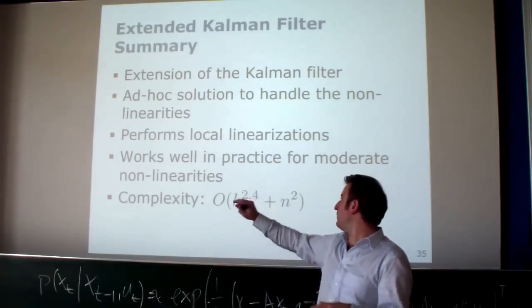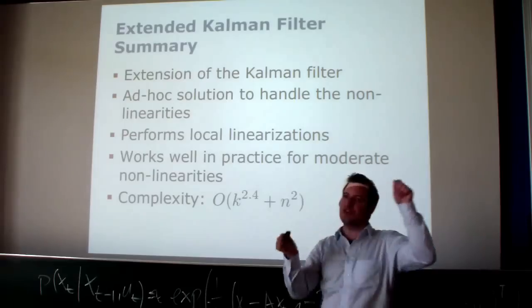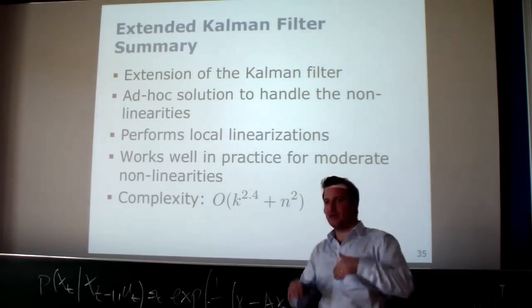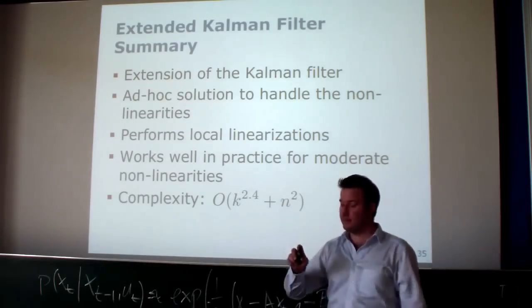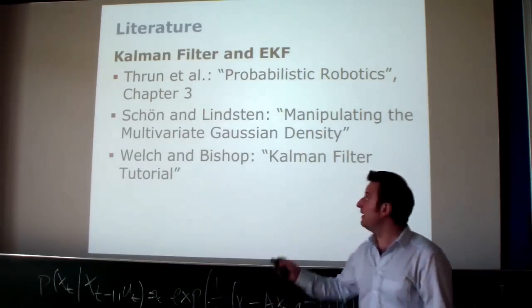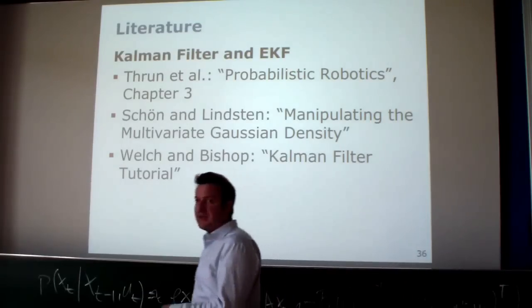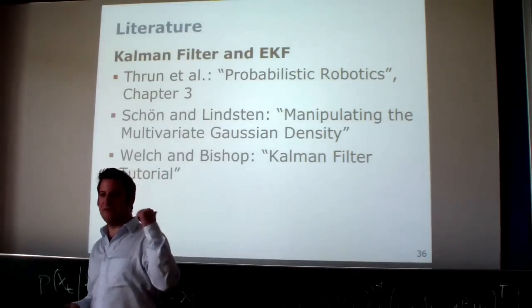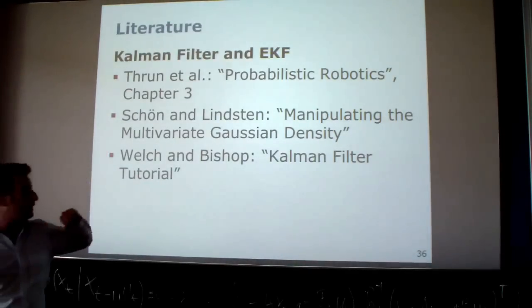I don't expect you at the moment to understand every single line of the Kalman filter algorithm, why these matrices are multiplied in this way. This comes if you go through the derivation of the Kalman filter, which you'll find in the probabilistic robotics book, or in a more compact way in the work of Schön and Lindsten, manipulating the multivariate Gaussian density. The link is on the website. All the material here you find as PDF files on the website, except the book.